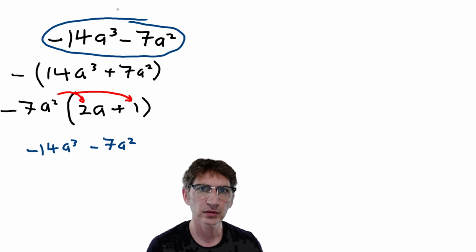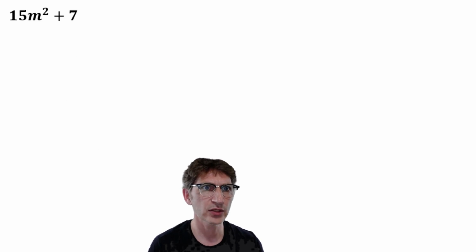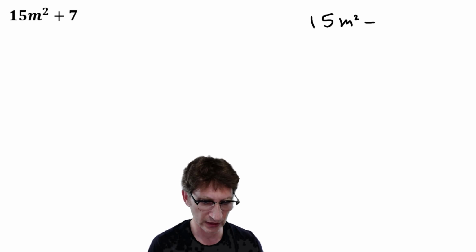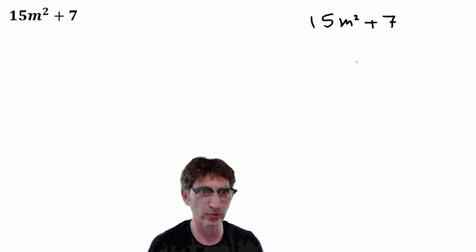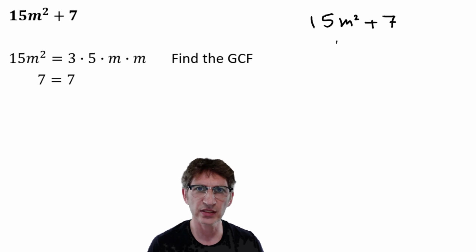All right. You guys are following along really well, so let's do one more. 15m squared plus 7. What is the greatest common factor of 15 and 7? Well, 1 is the only number we can divide evenly into those. And there's no part of the term with 7 that has an m in it.